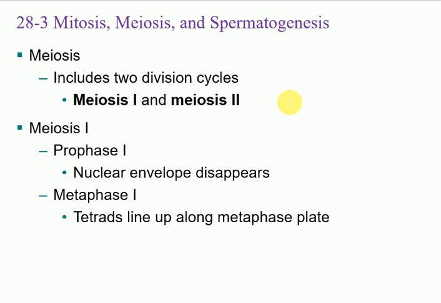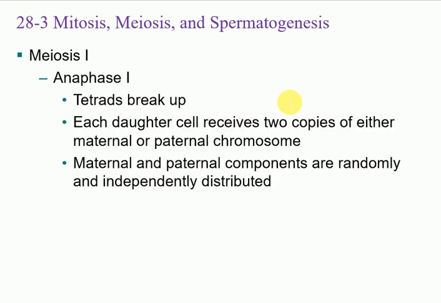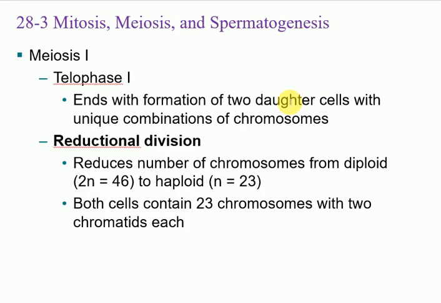Duplicate and pull them apart, which is anaphase, and then they move into two cells, which we call cytokinesis. So meiosis 1 goes through all these steps, ending at telophase, the last one before cytokinesis. So you end up producing 23.